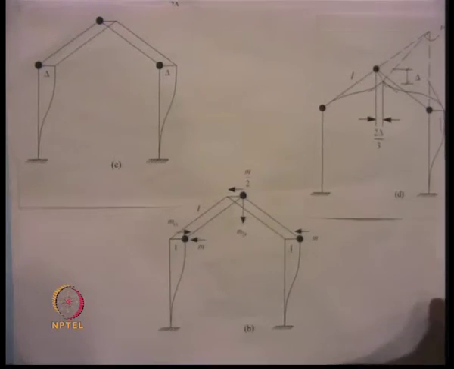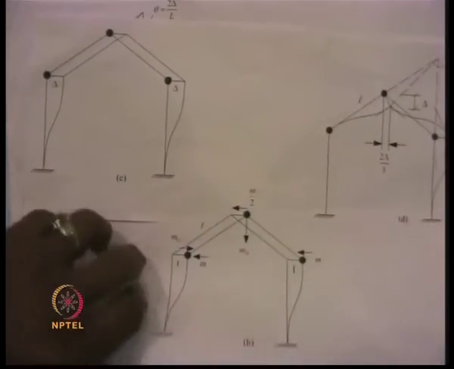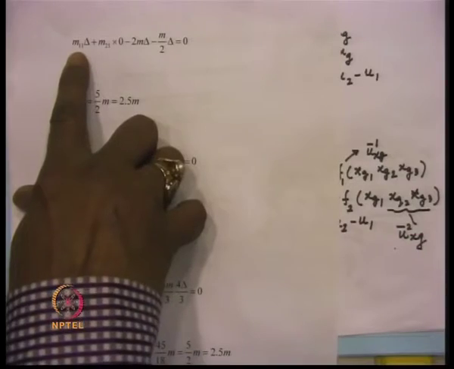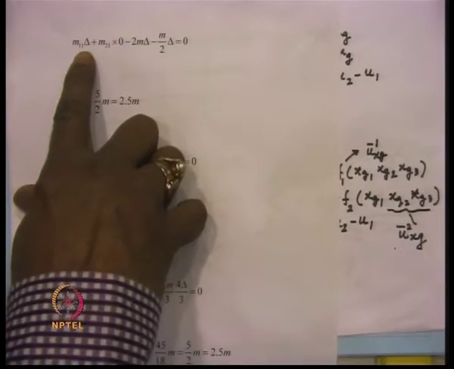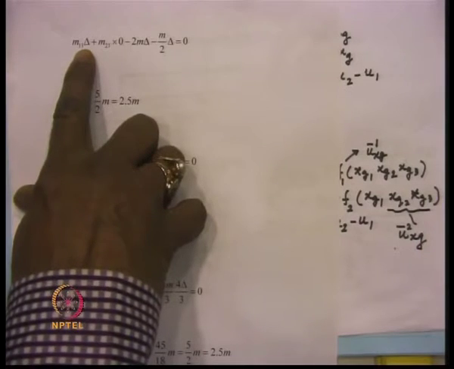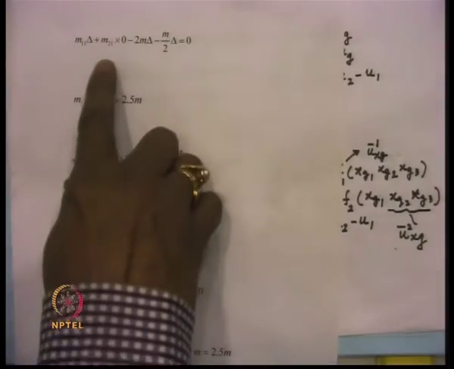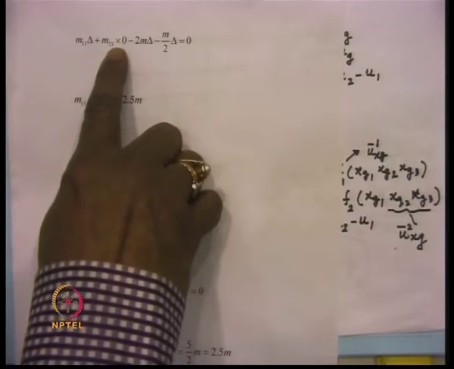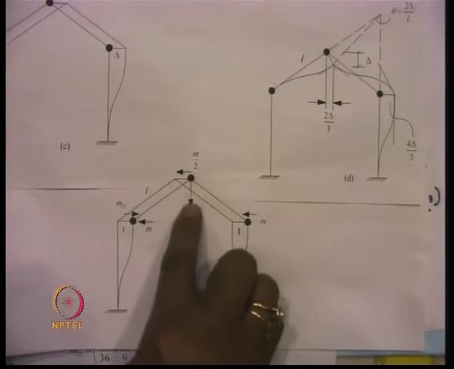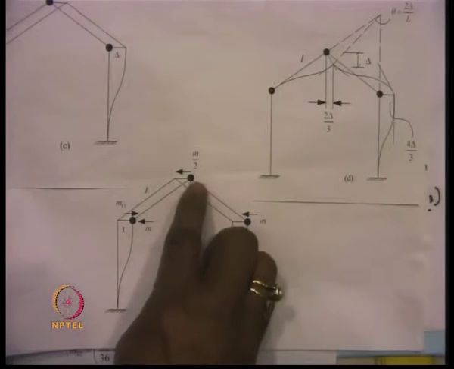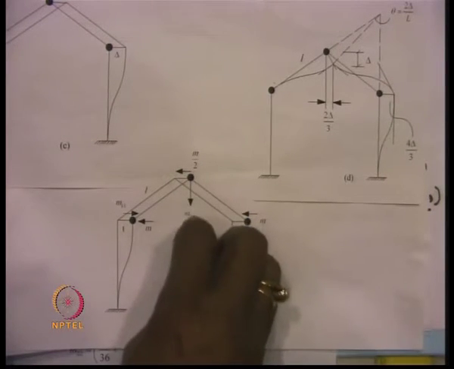So, we now write down the virtual work equation. It will be m11 into delta, that is the force on the left hand side acting over here, plus m21 into 0, since m21 is this vertical force and there is no vertical displacement.